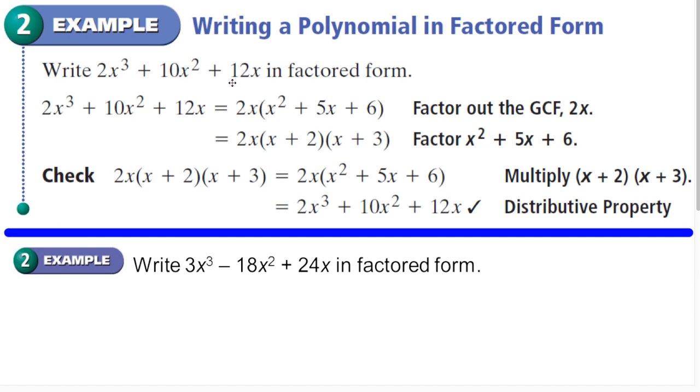And with closer inspection, each of these are even, so you're going to factor out a 2x out of each of those. So factoring out 2x leaves you with x squared plus 5x plus 6. Factors of 6 that will give you 5 are 2 and 3, so that's where these come from. Then you have 2x times x plus 2 times x plus 3, and that is your answer.